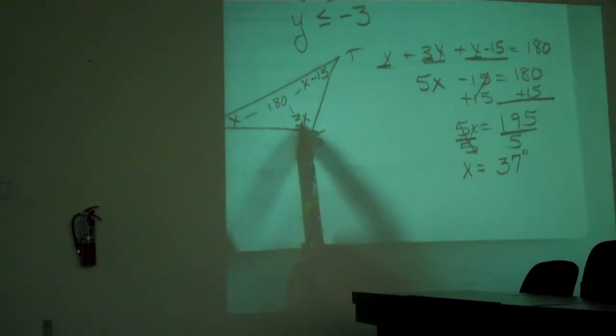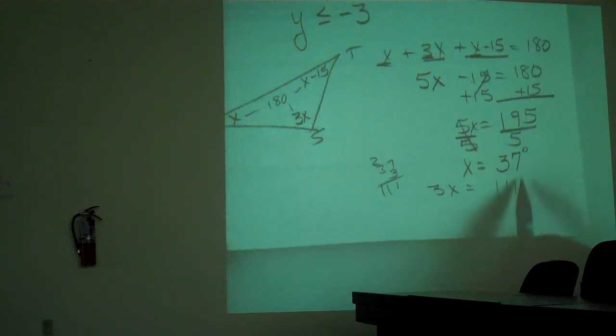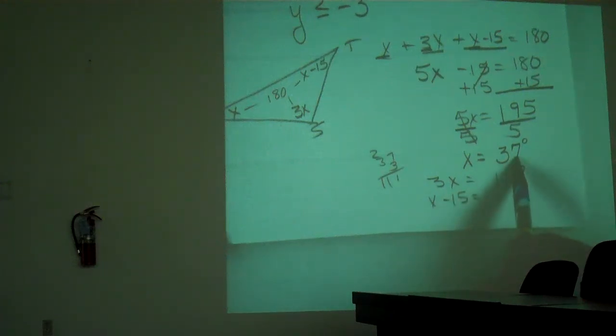The second angle is 3 times that, 3x. So 37 times 3, 111. And then our third angle is x minus 15. So it's 37 minus 15.